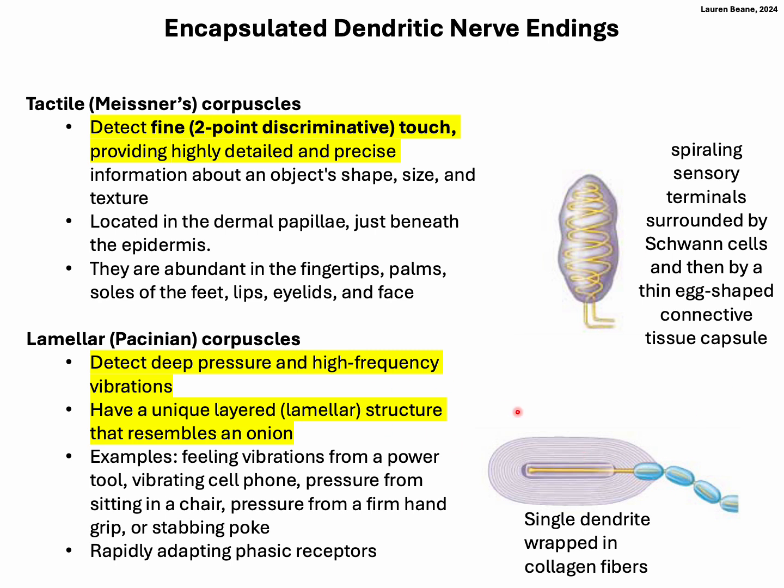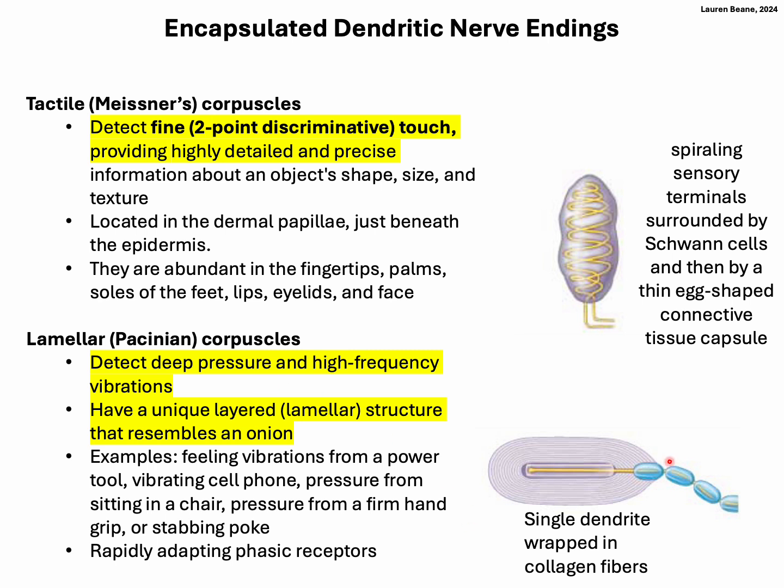Then our lamellar or Pacinian corpuscles are detecting deep pressure and high frequency vibration. The name lamellar comes from the fact that the ending of this dendrite is wrapped in collagen fibers, making it kind of look like an onion or a layered structure, hence lamellar corpuscle.